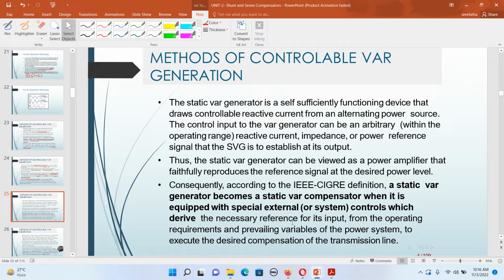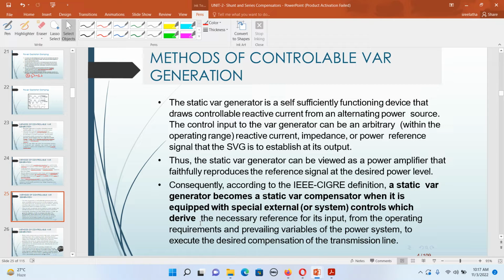They can be used in the same way, but the only difference is that the compensator has an extra control circuit in addition to whatever internal control they have. So let us not worry so much about the static generator. Just worry about what a static var compensator is.